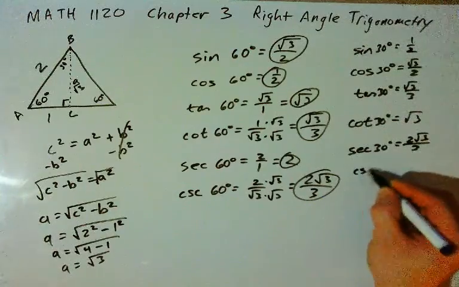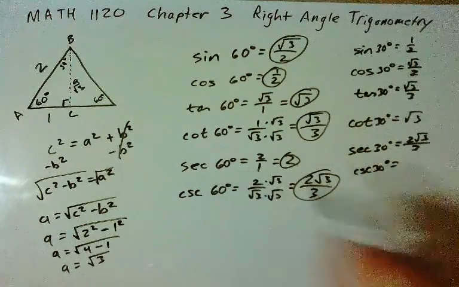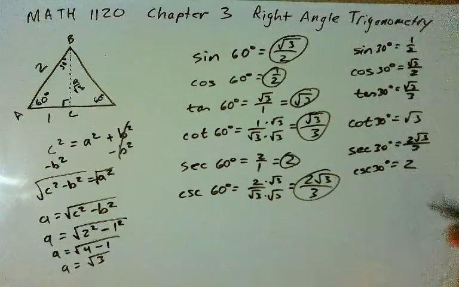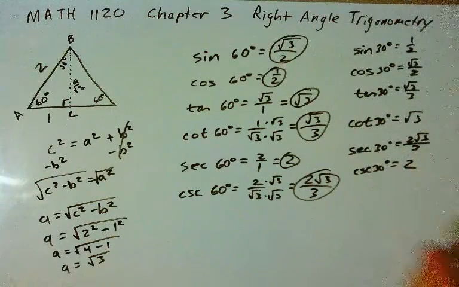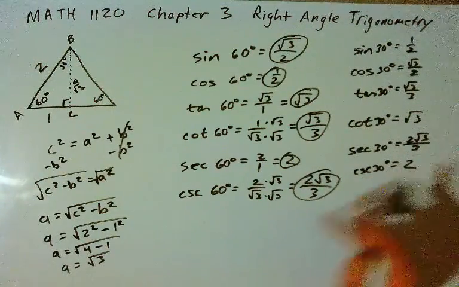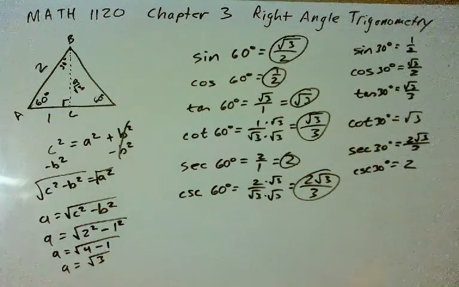And the cosecant of 30 degrees will be equal to the secant of 60 degrees, which is 2. And so again, I have the exact values of the sine, cosine, tangent, cotangent, secant, and cosecant of 30 degrees, and also for those same 6 trigonometric ratios of 60 degrees. I have the exact values.